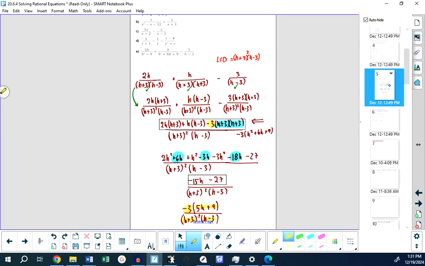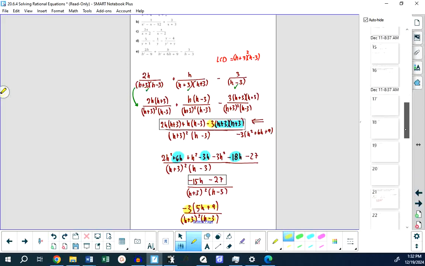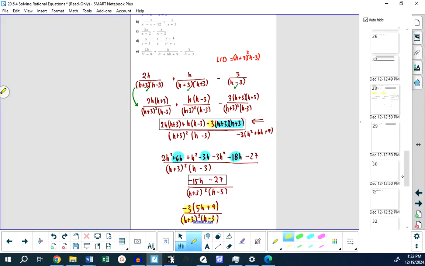If on day 1 you walked in this classroom and I said, in 3 months you're going to be doing this, some of you might have run for the door. I don't know. You've come a long way, is my point. And you will continue to grow as you get into Math 30. Let's take a look at this next one.